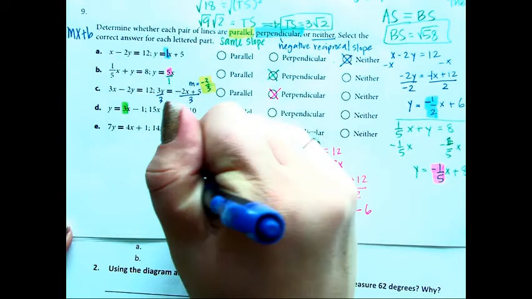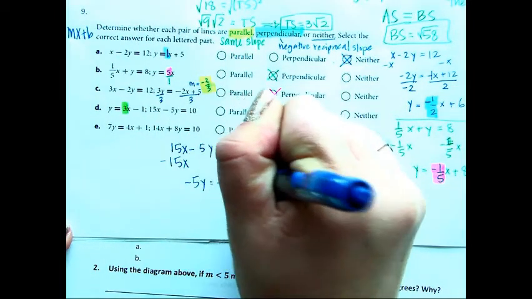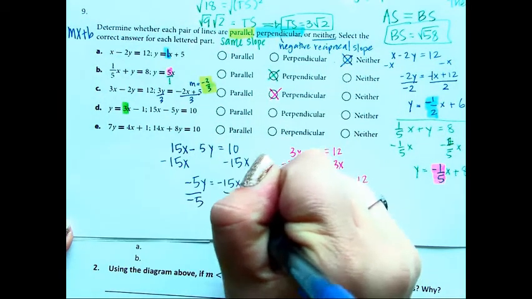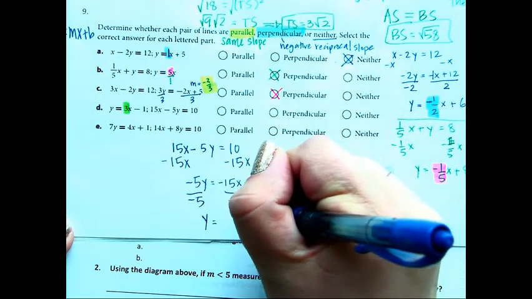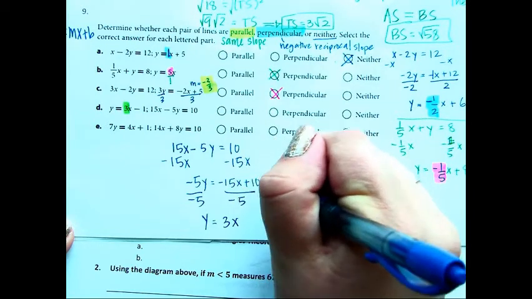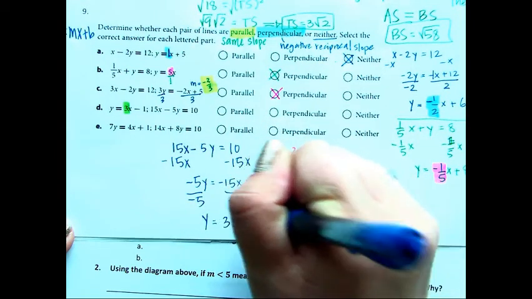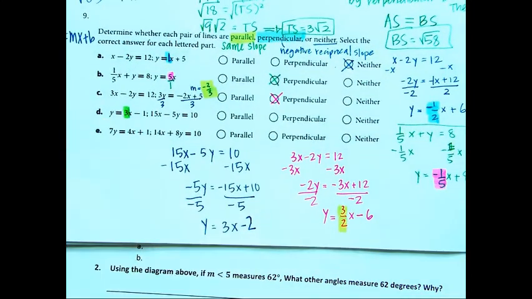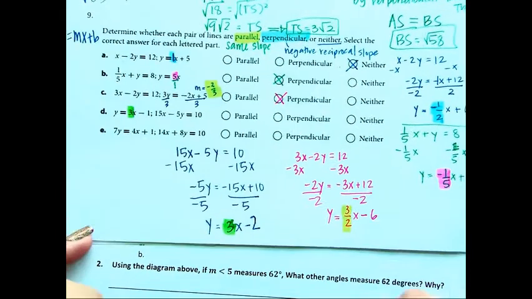We end up with negative 5y equals negative 15x plus 10. And then we're going to divide by negative 5 to both sides, so this becomes y equals. Negative 15 divided by negative 5 is a positive 3x. And here we have a positive divided by a negative. 10 divided by 5 is 2. Okay. So here we have a slope of 3, and here's another slope of 3. Those are the same, so because they're the same, they are parallel.